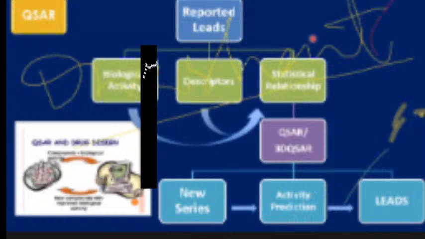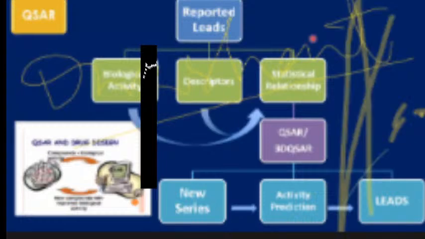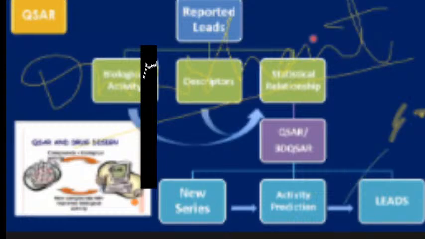But how much it increases or decreases the activity, there was no data about that. Nobody was talking about that in the last decade. So when we quantify the effect of an electron-withdrawing or electron-donating substituent on the activity, that is called QSAR.